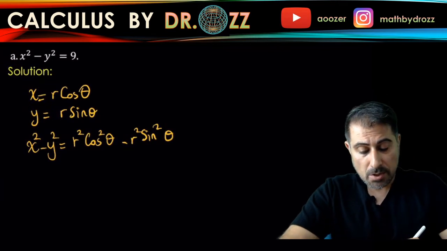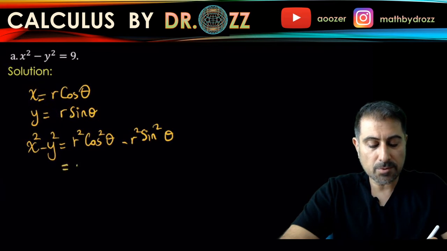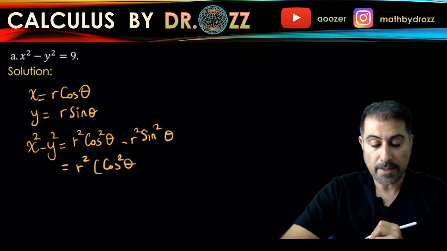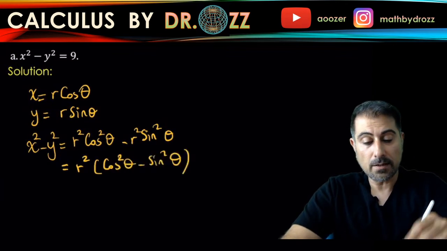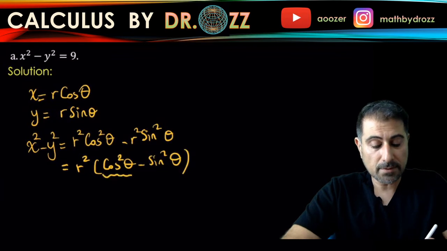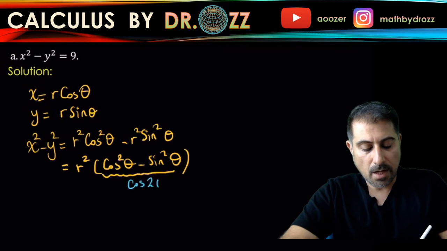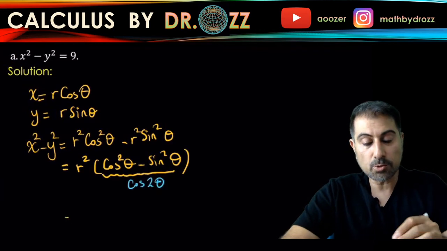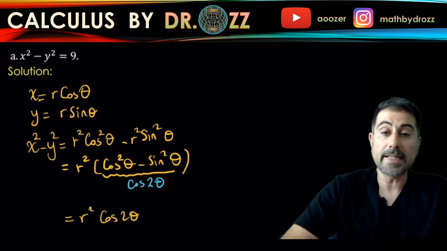Here I'm going to factor r squared out, so we have cosine squared theta minus sine squared theta. In fact, this is the double angle formula for cosine, so this is cosine 2 theta, and this is rewritten as r squared cosine 2 theta.